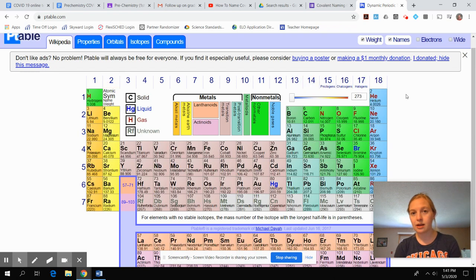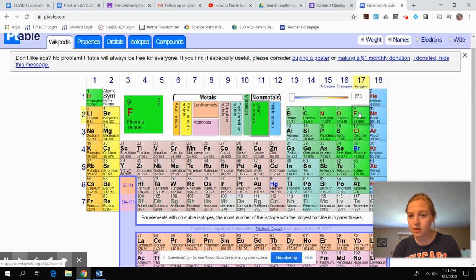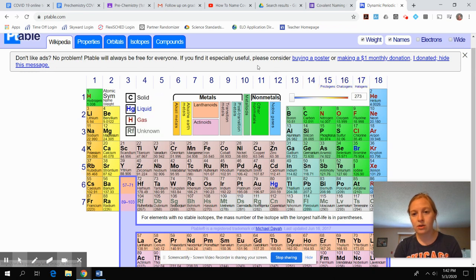So today, focusing on naming covalent compounds, you'll be looking at this blue category here, which are the noble gases, this green category, which are some nonmetals, and also the metalloids, which are named with the nonmetal naming method. You'll see here, here, and here.